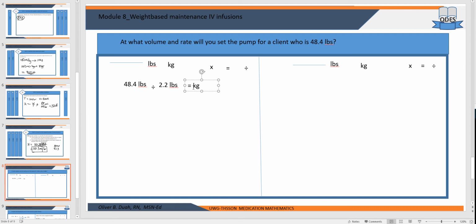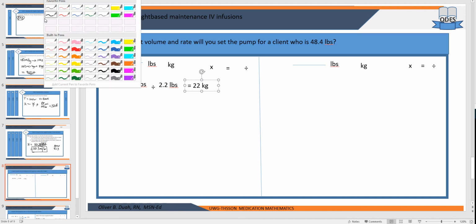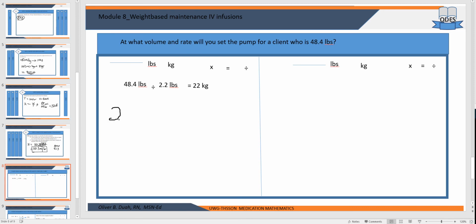So let's use our calculator. 48.4 divided by 2.2. That will give us 22 kilograms. So we know that our weight is equal to 22 kilograms.